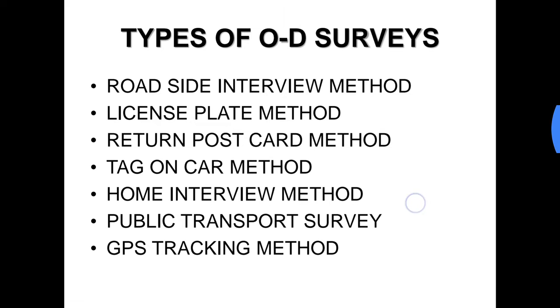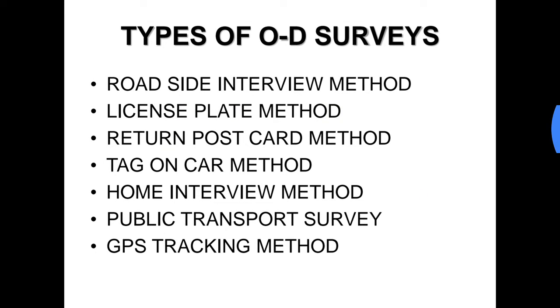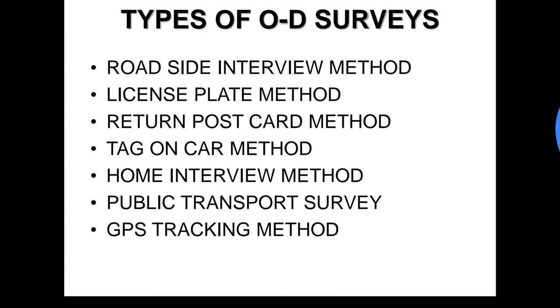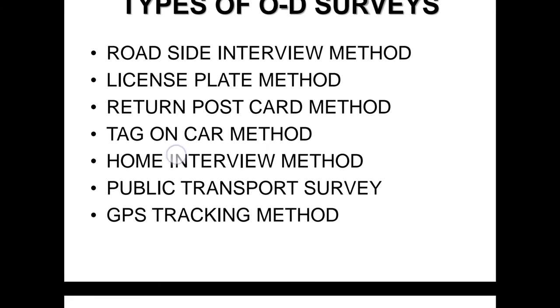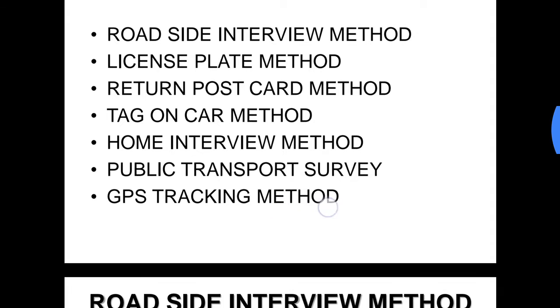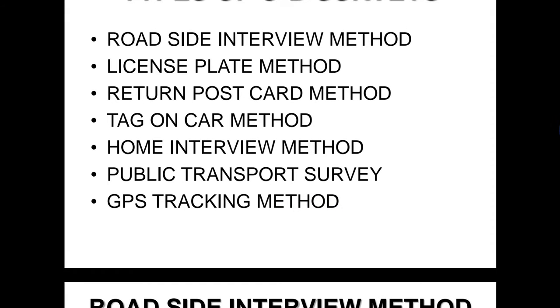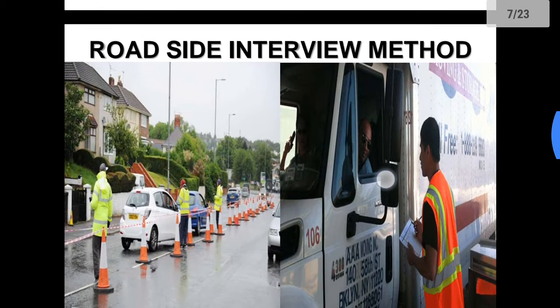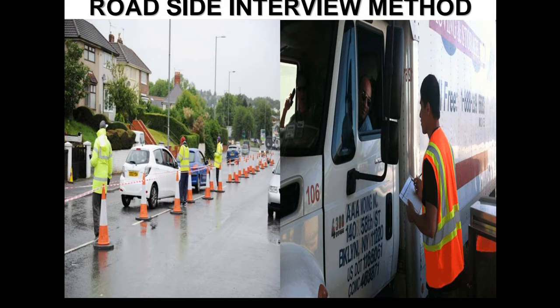First is roadside interview method, then license plate method, return postcard method, tag on car method, home interview method, public transport survey, GPS tracking method. Okay, so the first one is roadside interview method.